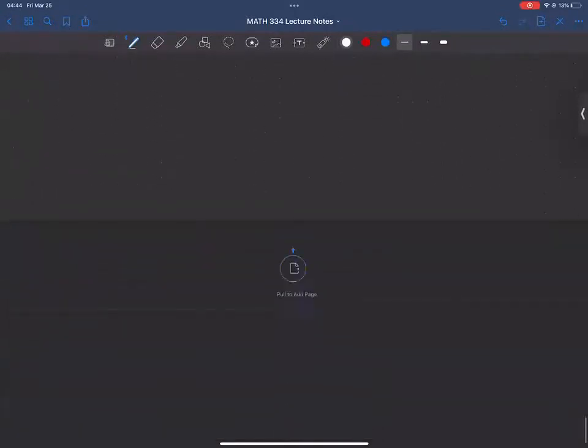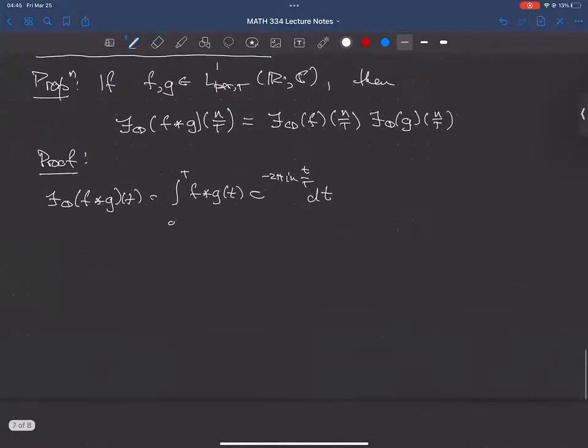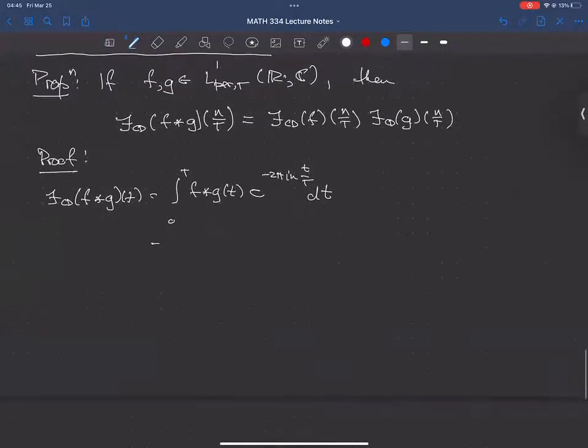Then I'm going to stick in the formula for convolution.